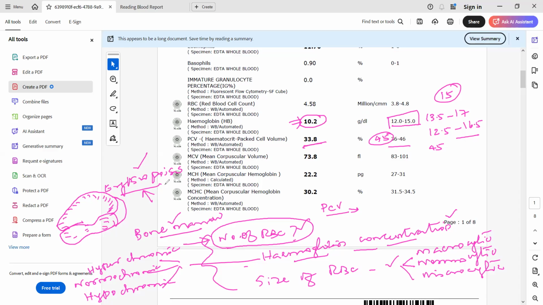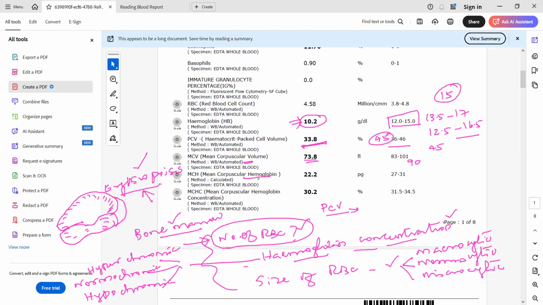So the bone marrow production is less. The mean corpuscular volume, that is the individual RBC's volume, is also less. That is what we calculated, it is around 90. That is also very less.